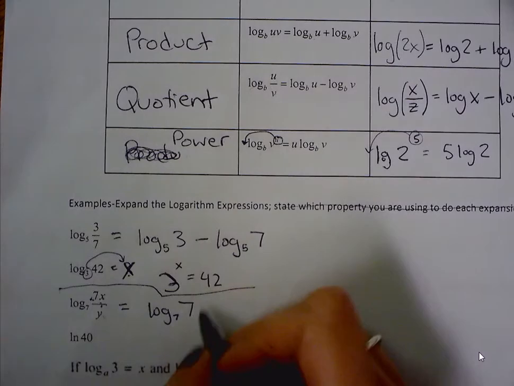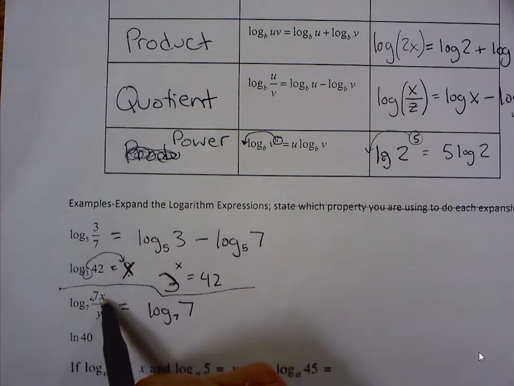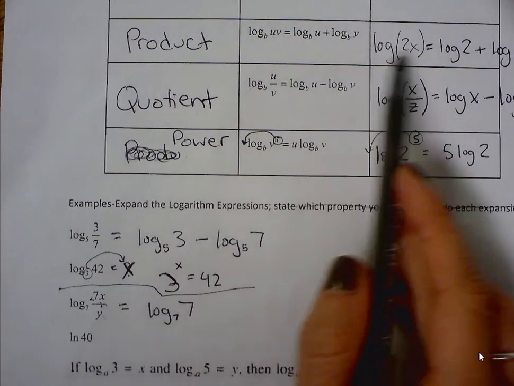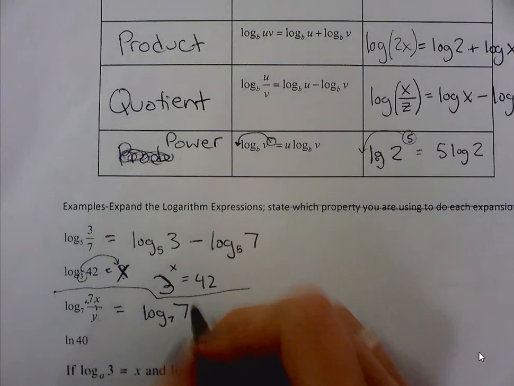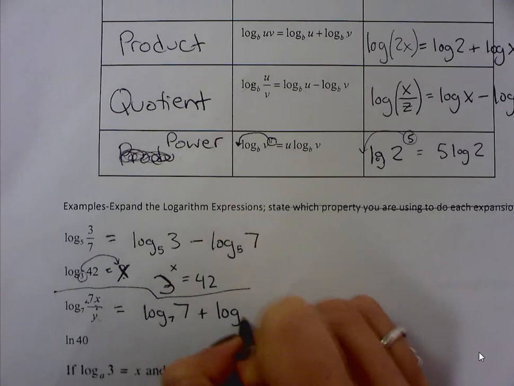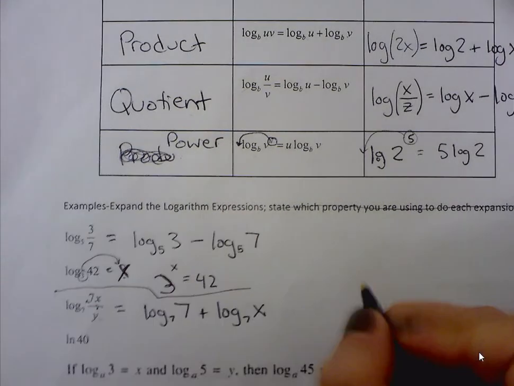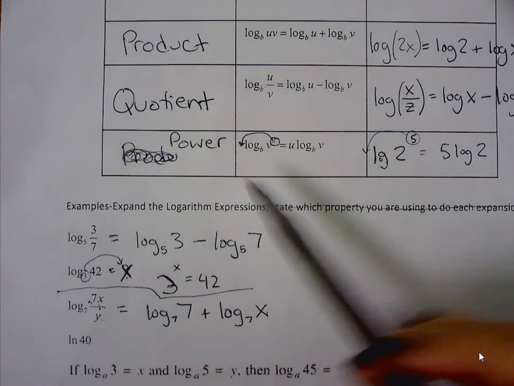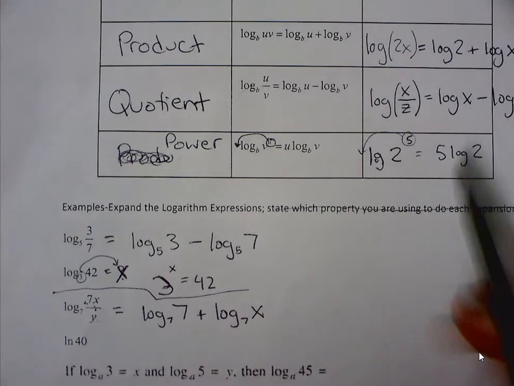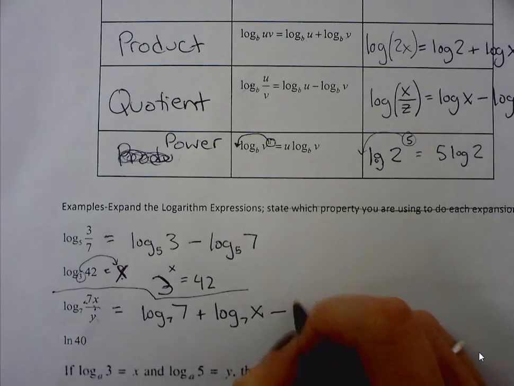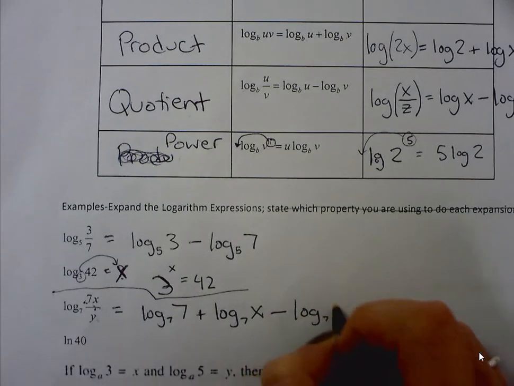And then because this is 7 times x, I'm going to have plus log of base 7 of x. The y is on the bottom. So when I divide, I subtract. So that means I'm going to have minus log of base 7 of y.